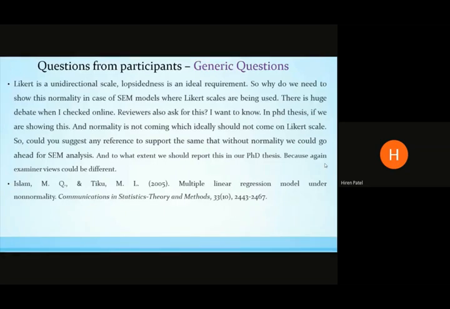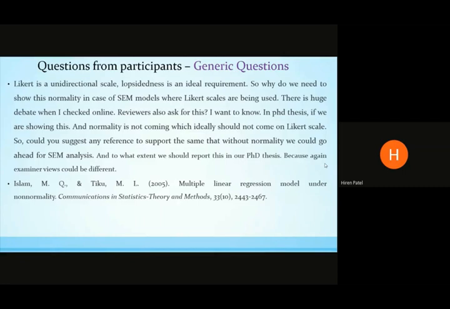However, whoever has asked this question, ask yourself from where you got this first statement, that Likert is a unidimensional scale and lopsidedness is an ideal requirement. From whichever source you received this first statement, that is your source, which you can quote and say, look at that, sir, this is the lopsidedness, which is an ideal requirement for a Likert scale, and hence my entire scale has no normality.